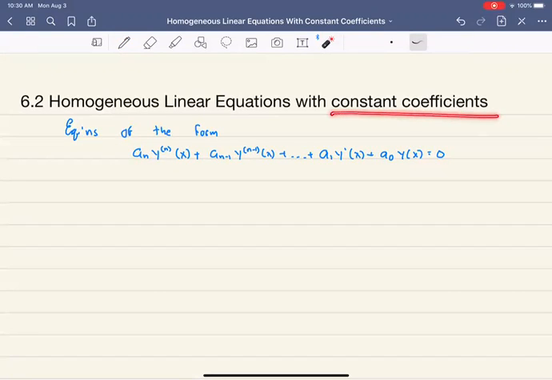Constant coefficients means that these a's are just numbers.